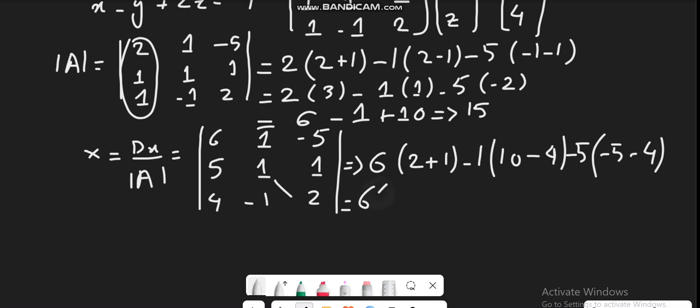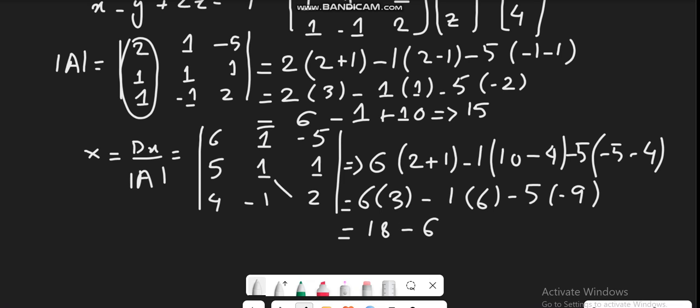So it becomes 6 times 3, minus 1 times 6, then minus 5 times minus 9. 18 minus 6 plus 45, and you will get it is equal to 57. The x can be found by dividing this 57 by the determinant of A, which was equal to 15. So this is the value of x.